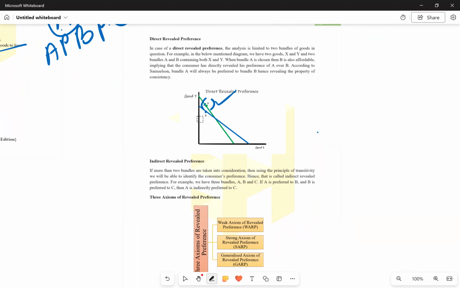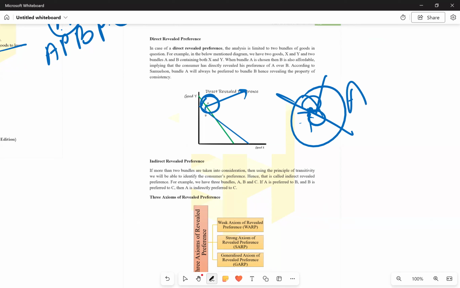If you are at point A, on this green line, you are stating that despite being able to afford B, you are still not willing to choose it. Instead, you are choosing A, giving up the B bundle, which you could buy. But choosing A means you have clearly stated your preference of A over B.